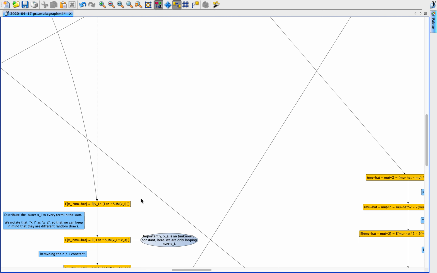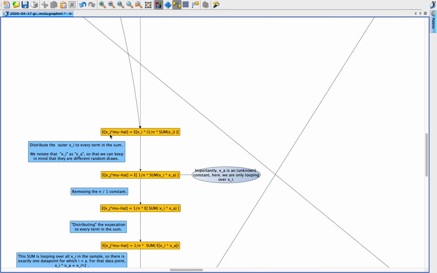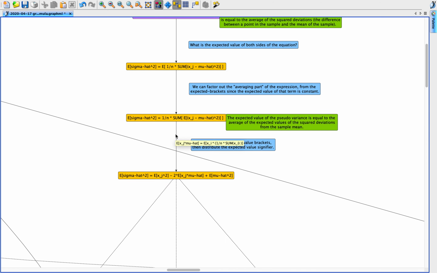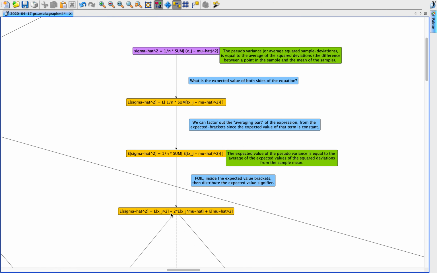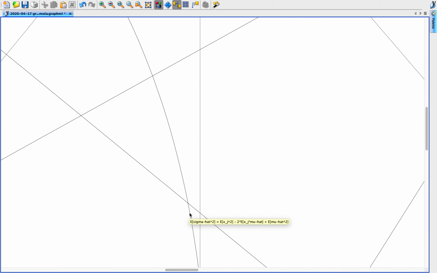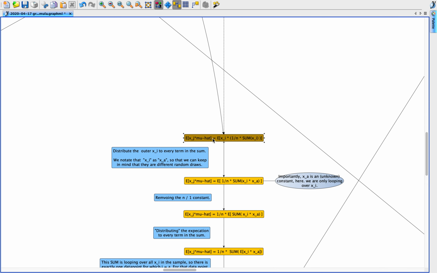Second one, the expected value of xj times mu hat equals the expected value of xi times one over n times the sum of xi. All right, so the thing that we're solving for here is we have this term -2 times the expected value of xj times mu hat. Right, that's the thing that we want, and we're starting out by just substituting, because we know we can substitute in the value of mu hat.